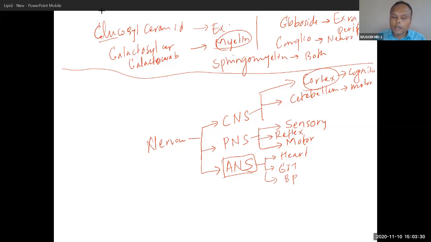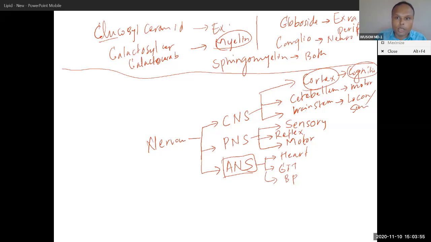And it has the brain stem, which controls your locomotion and sensory function. From the brain stem, everything is connected to the cerebrum. Why did I say this? When you categorize this, you will understand: when I tell you the central nervous system is affected, cognition is impaired, and the motor system and locomotion will also be impaired.